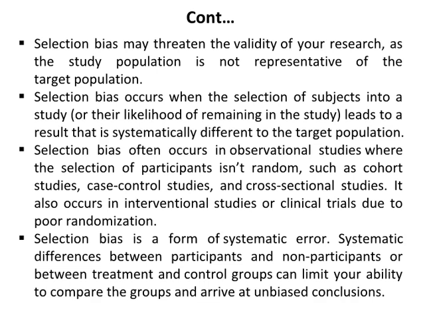It also occurs in interventional studies or clinical trials due to poor randomization. Selection bias is a form of systematic error. Systematic differences between participants and non-participants or between treatment and control groups can limit your ability to compare the groups and arrive at unbiased conclusions.